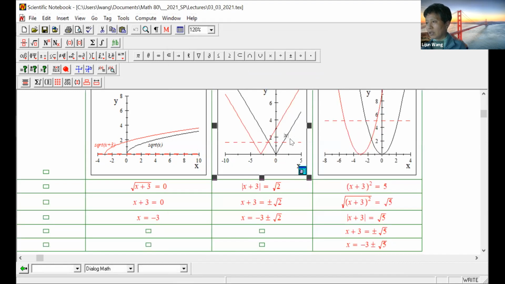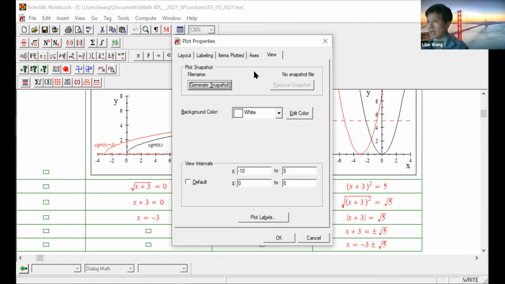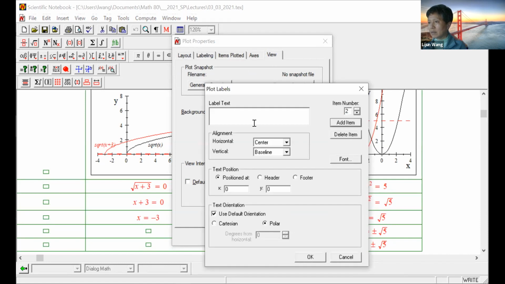Okay, that's the absolute value of x, the black one, and the red. With this software, I have to take my time to do this. So as I'm waiting for your question, I'm going to just put these in place, okay? Do you have any questions here?